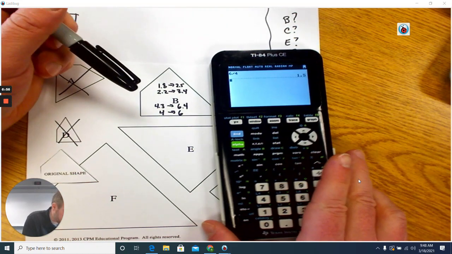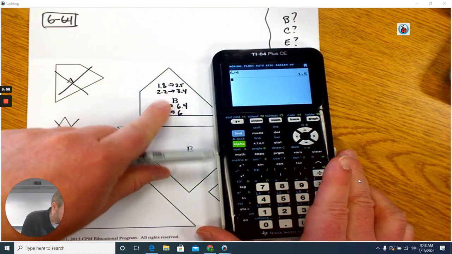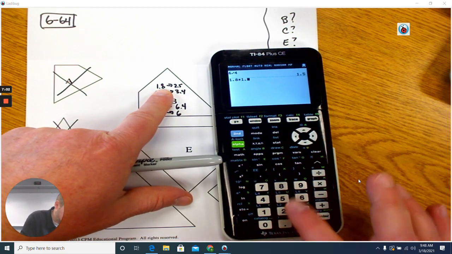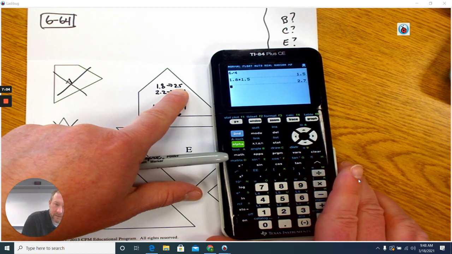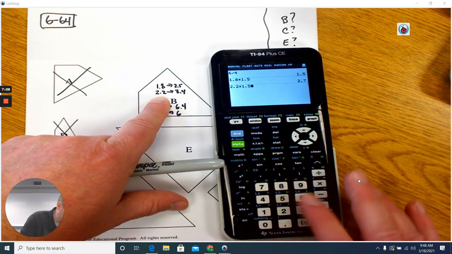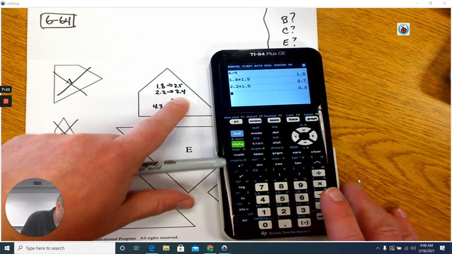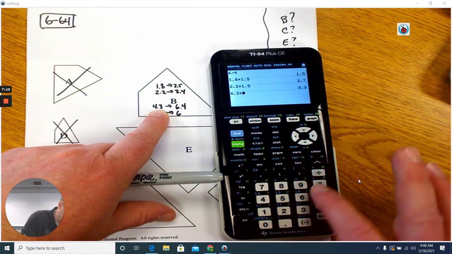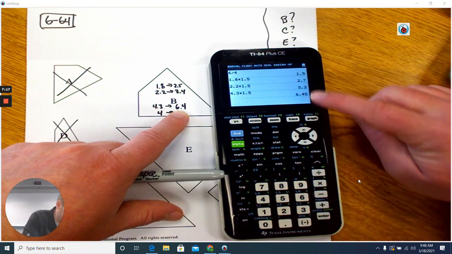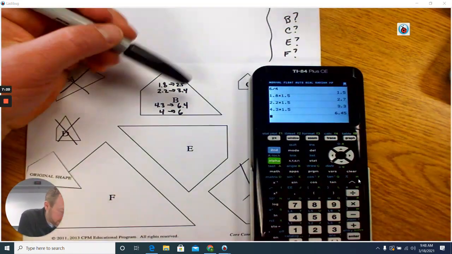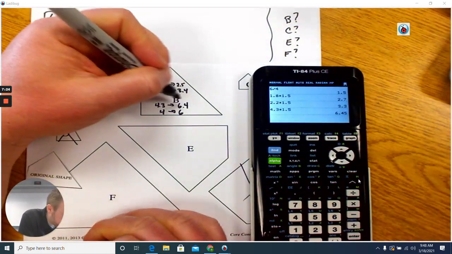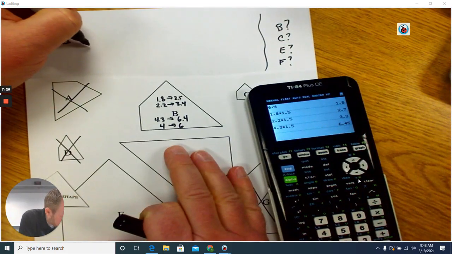So is it true that I multiply the left number by 1.5 to get the right number? 1.8 times 1.5, 2.7. 2.2 times 1.5, 3.3. 4.3 times 1.5, 6.45. So notice I'm a little off, but my assumption is it's measuring error, and it looks like B is definitely similar.